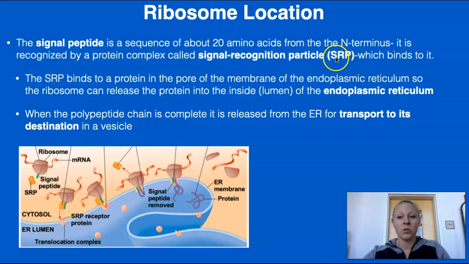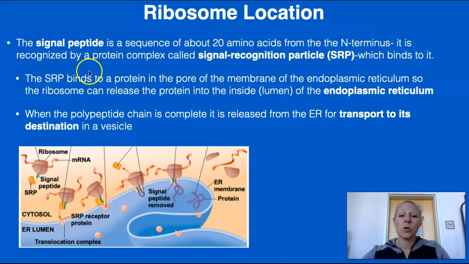The SRP is going to bind to the sequence on the protein. So remember, we're talking about the actual amino acid sequence here, not the mRNA. So this SRP is going to attach about 20 amino acids in from the N-terminus.